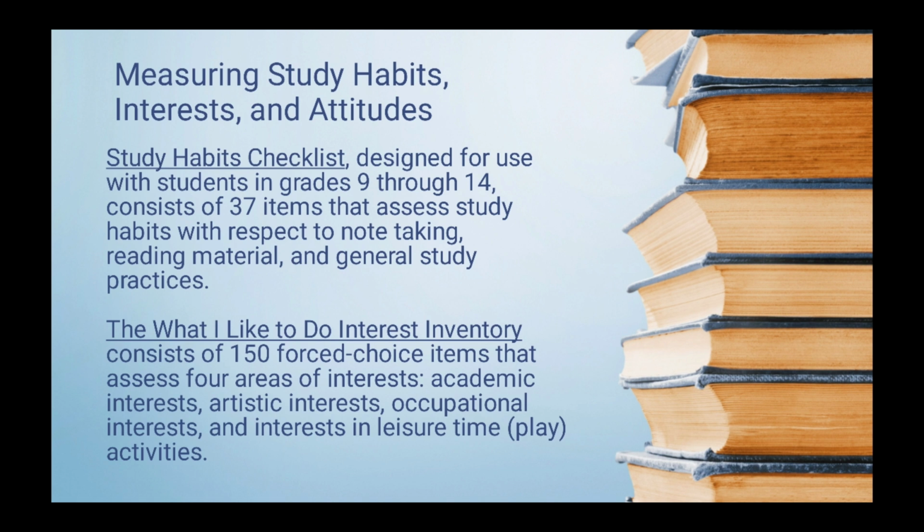To measure interest, you must use the What I Like to Do interest inventory. It consists of 150 forced-choice items that assess four areas of interest: academic interest, artistic interest, occupational interest, and interest in leisure time or play activities.